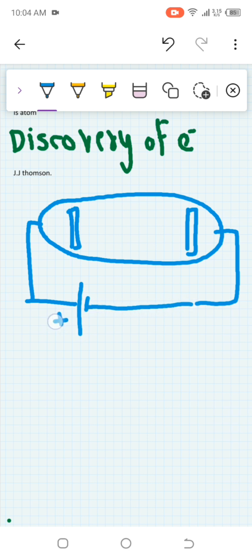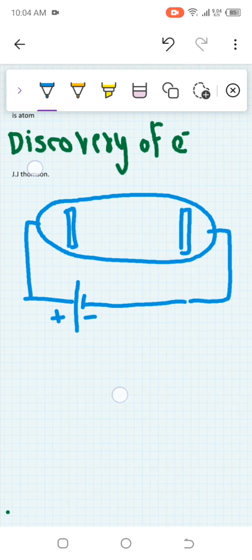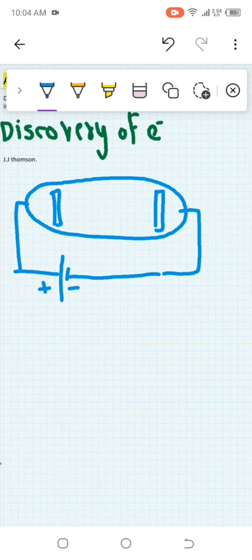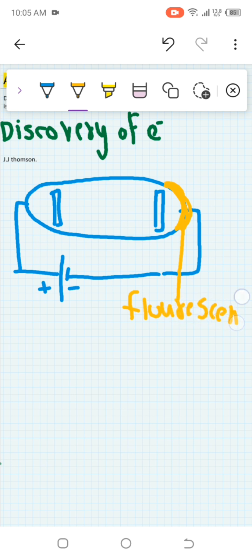After that, he placed a fluorescent screen, which was a zinc sulfide screen.